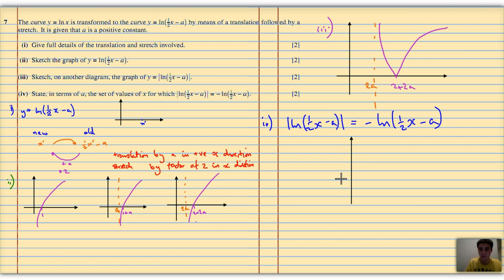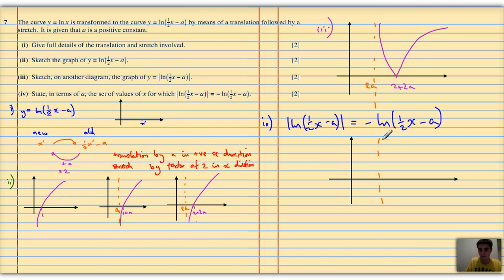Let's draw that asymptote again. First I'm going to draw the mod curve here again.